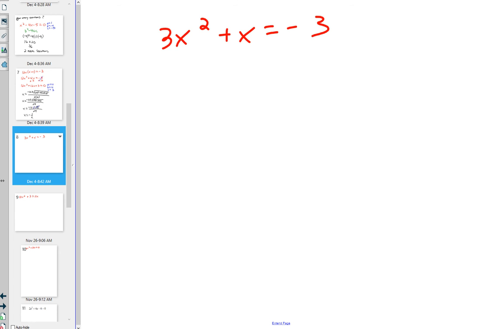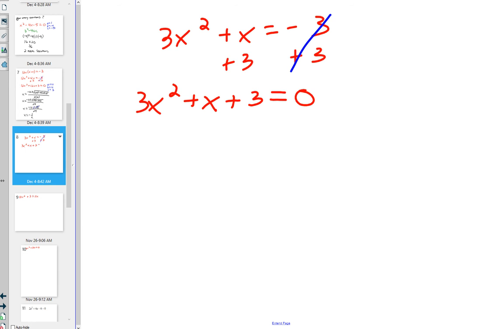First step. Okay, then let's substitute into the quadratic formula. A is 3, B is 1, C is 3.